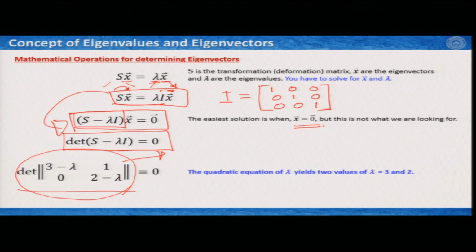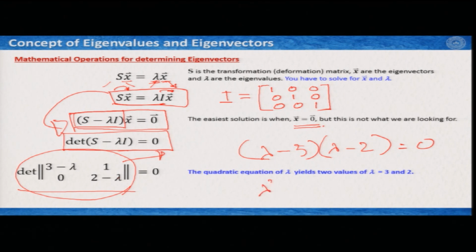Here you actually get the equation lambda minus 3 multiplied by lambda minus 2 equal to 0. This is easier because it is already factored, so you get the two real values, lambda equal to 3 and lambda equal to 2.